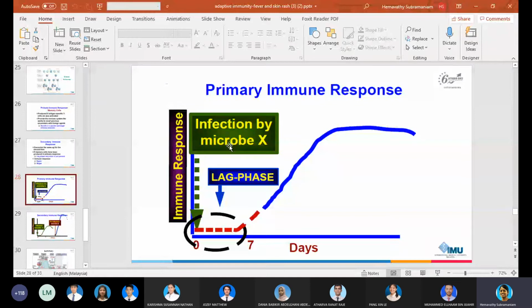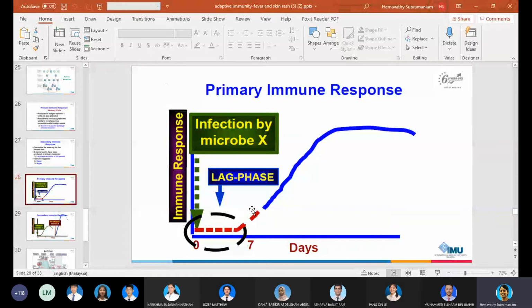Lag phase indicates it is taking a longer time period to react. Infection by microbe X is primary immune response, first exposure to that particular microbe X. We are trying to summarize that. During primary immune response, you have lag phase, simply because your immune system is taking time to recognize that particular antigen. It's the first exposure for the immune cell as well.